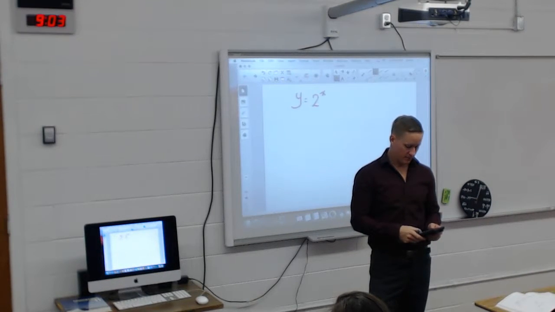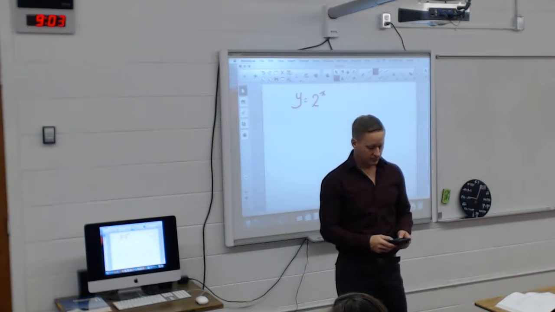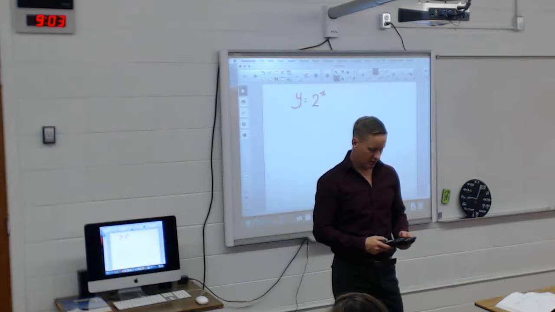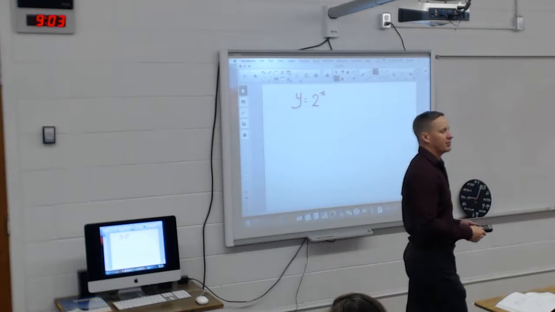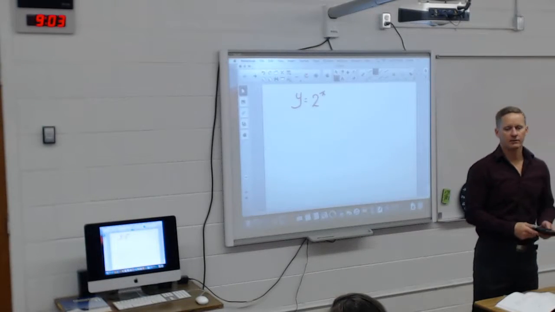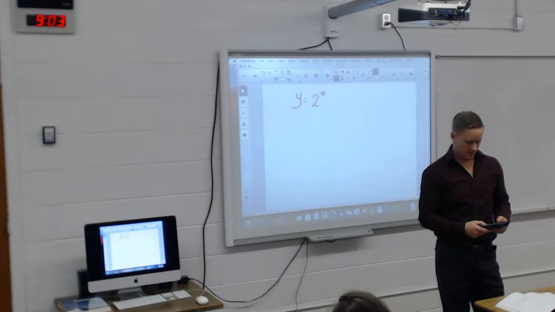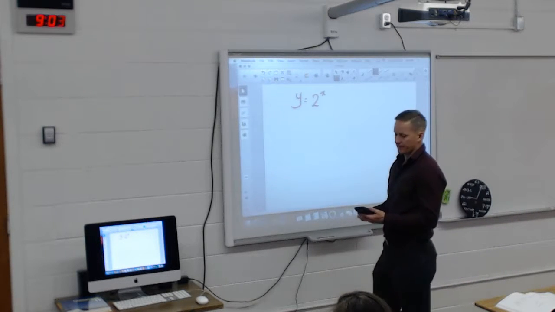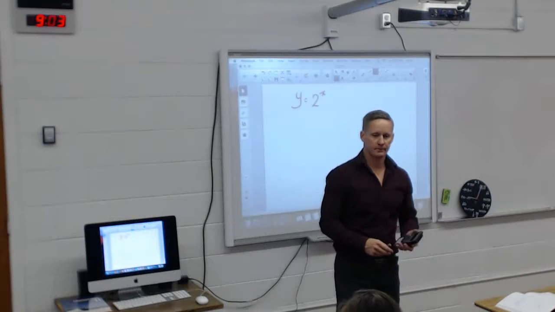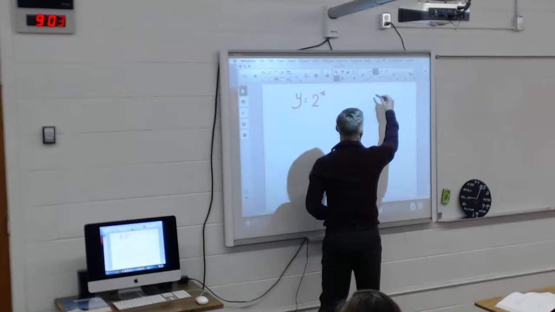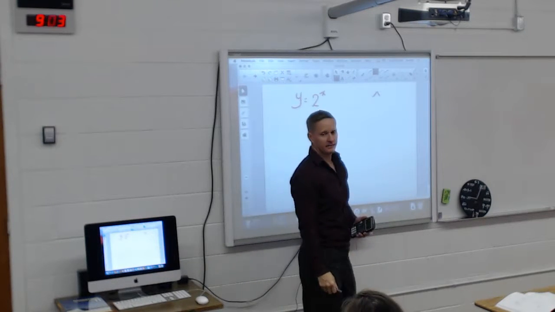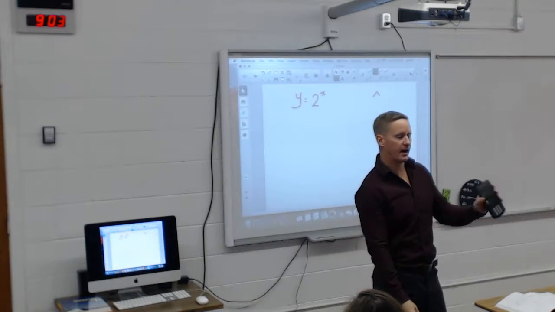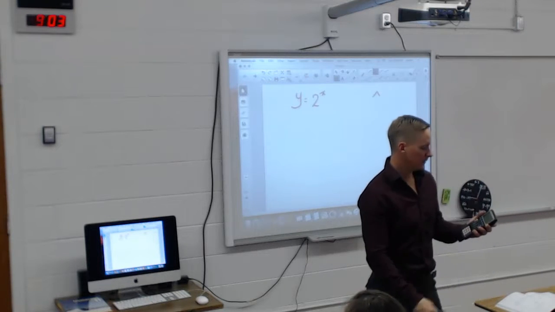It's your standard window. And then I want you to clear all graphs. Make sure your stat plot is not on, so go y equals, and then 2 hat x. Graph it.